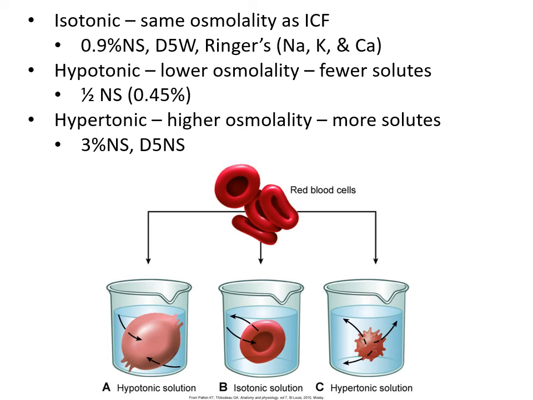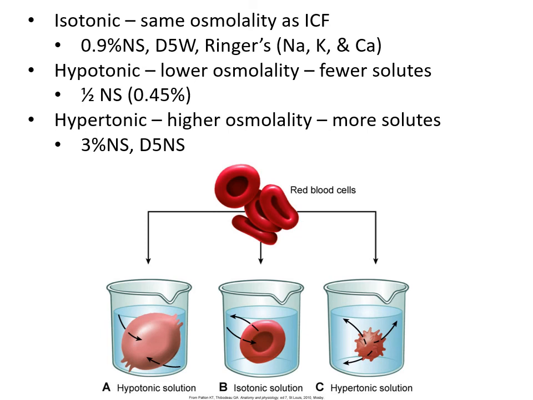Now, say for example, someone has swelling in their brain. They've had a head injury and they have a lot of swelling in the cells of their brain, in the neurons. Well, we could potentially give them a hypertonic solution, such as 3% normal saline, and that is going to pull fluid out of the swollen cells in the brain, right?